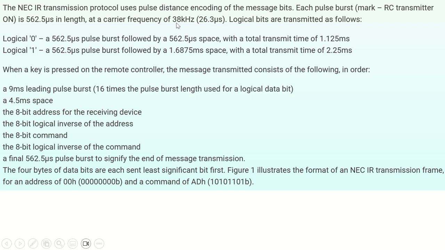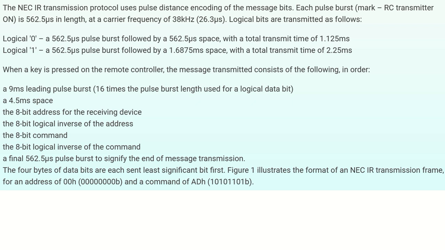And the pulses, you should remember, have what is called a carrier frequency of 38 kilohertz, which means 26.3 microseconds is one pulse, with on time and off time. The duration of one pulse period is 26.3 microseconds.